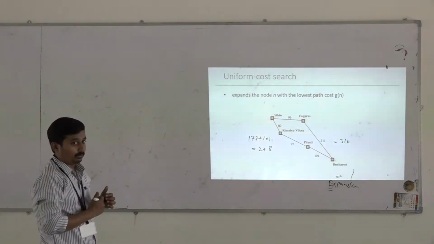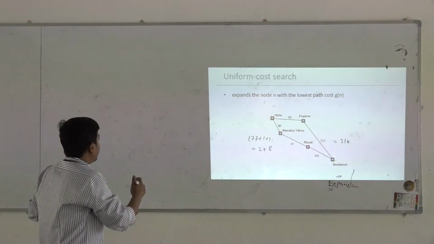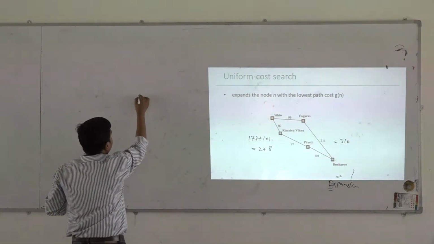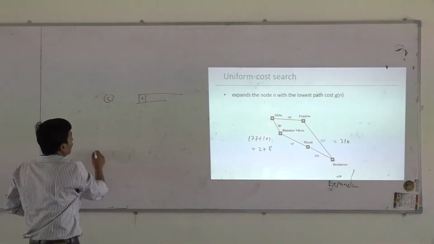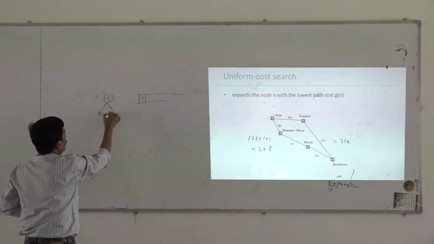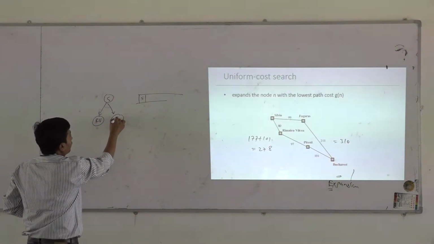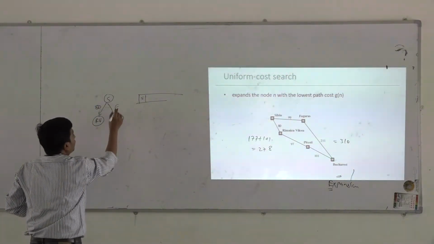In UCS we maintain a priority queue. We implement the frontier as a priority queue. Initially S will be there. Now there are two neighbors of S, that is RV and F. The cost of RV is 80 and F is this one.